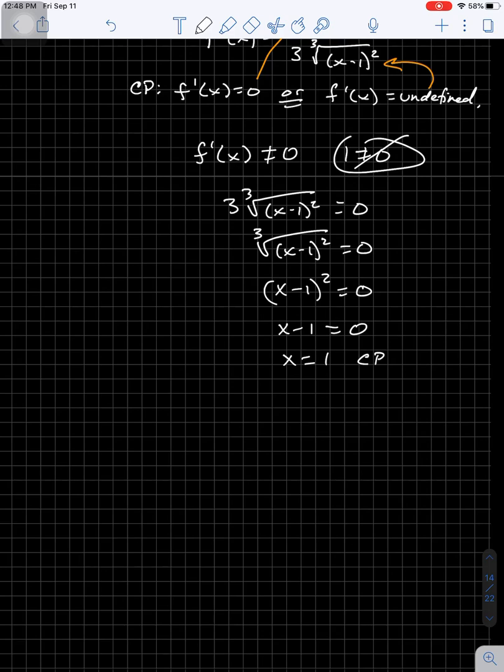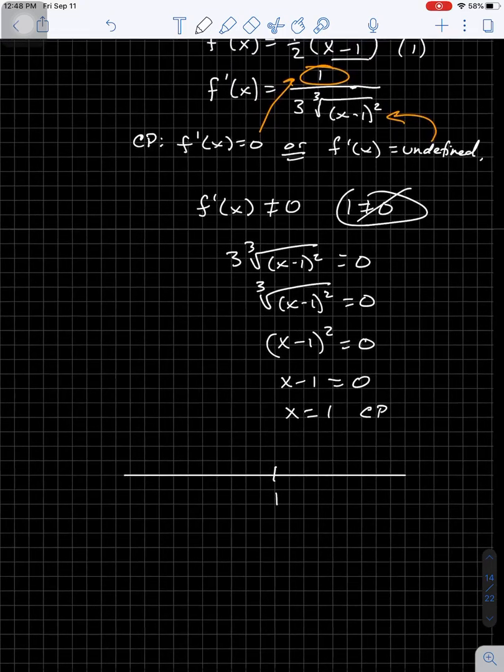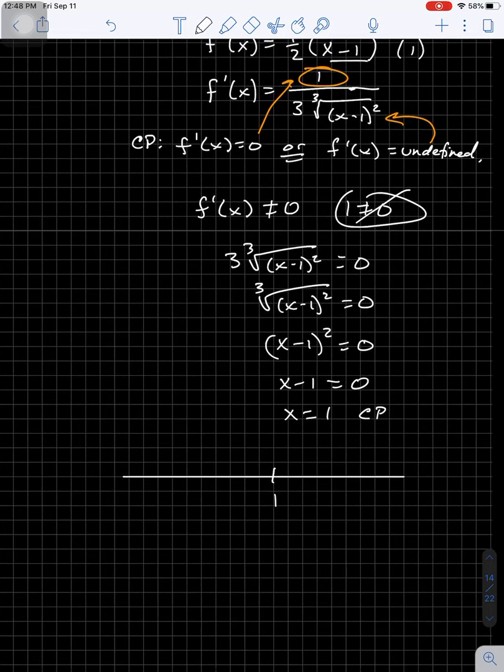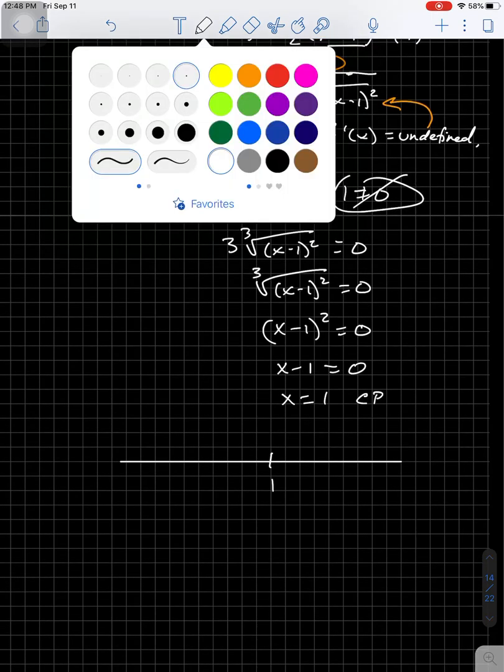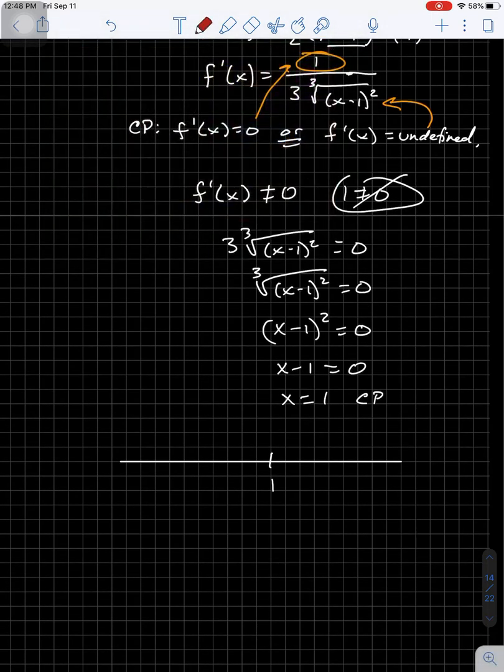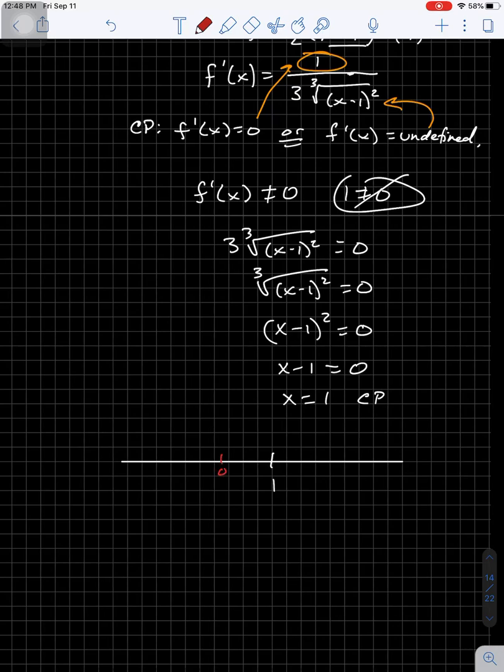I'm going to put my 1 here, and I'm going to test values now. I'm going to take a value to the left of 1, let's say 0, that's a nice one to do, and I'm plugging it into my derivative because I want to know what the slope is.